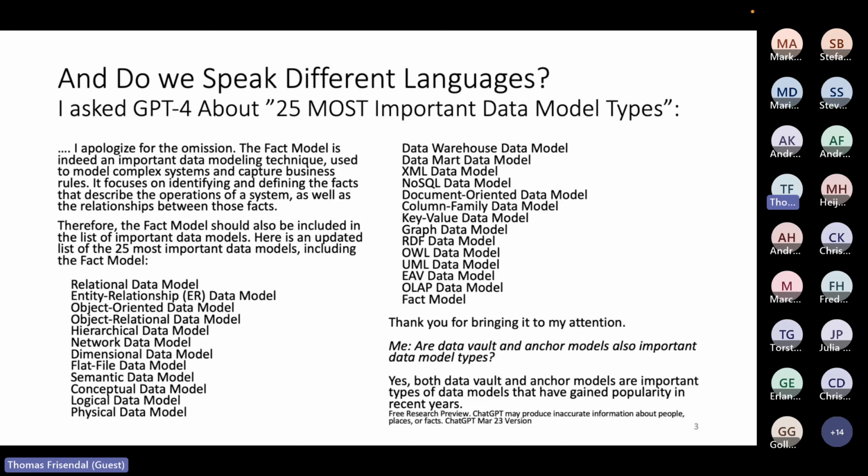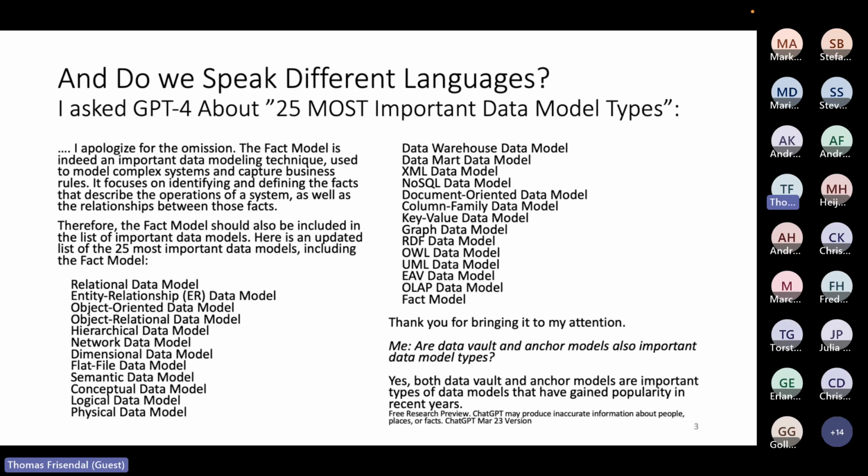So I pointed that out to GPT-4. And here comes the reply. I apologize for the omission. The fact model is indeed an important data modeling technique used to model complexities and so on. So there we have 25, 26 maybe, modeling languages, including fact models and graph data models, and RDF data models, and OWL data models, and UML data models, and so on.